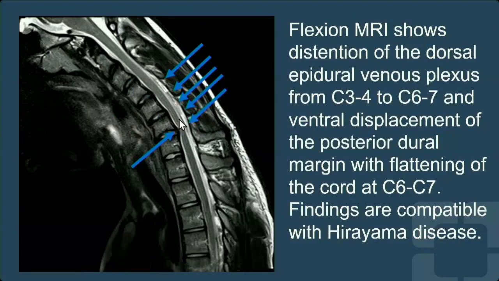And that, in turn, displaces the dural margin of the thecal sac, and the ventral margin gets impacted. And that's where he has that eccentric cord atrophy.